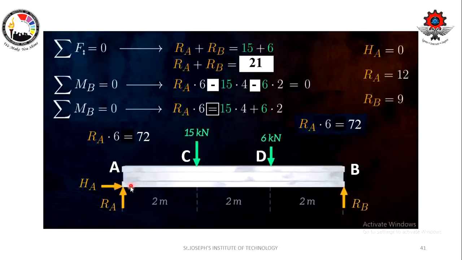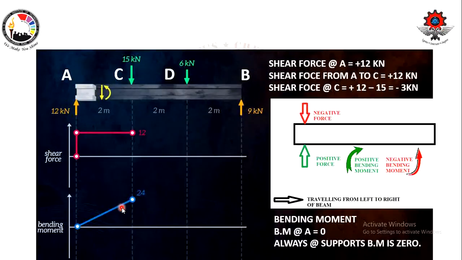According to the sign convention, traveling from the left side to the right side of the beam, clockwise is positive and anti-clockwise is negative. Hope you remember, right?